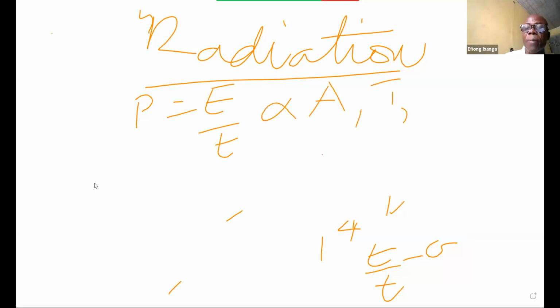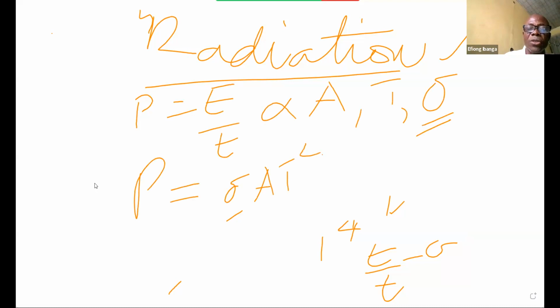That's number two. It also depends on the nature of the surface. The nature of the surface is expressible in terms of the emissivity. So if we write this, we can now include this mu, A, T raised to power 4. So that's what we are saying, where my P is equal to the energy all over the time.